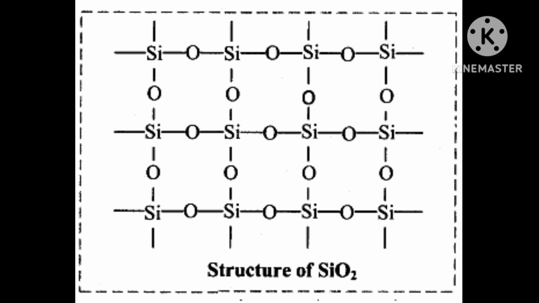If aluminum atoms replace a few silicon atoms, not all, in the 3-dimensional network of silicon dioxide, then the overall structure is known as aluminosilicate.